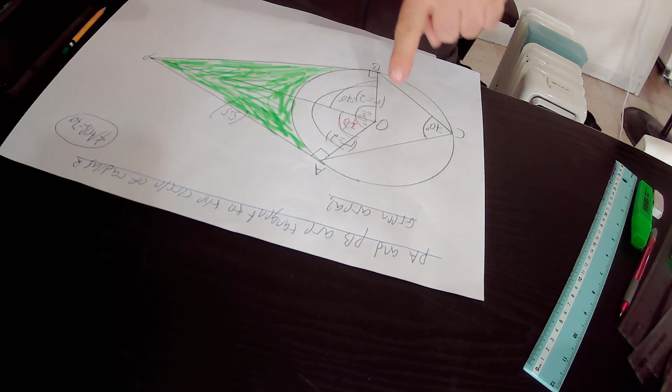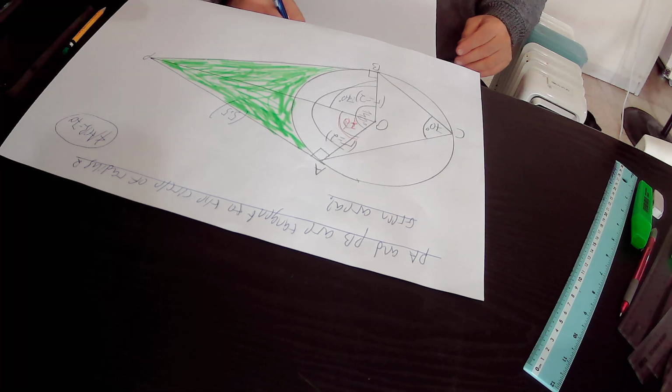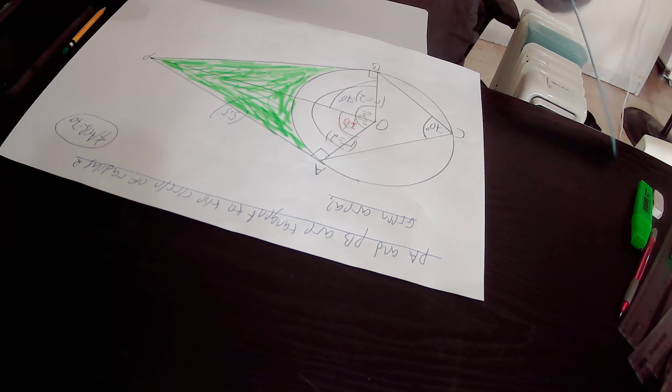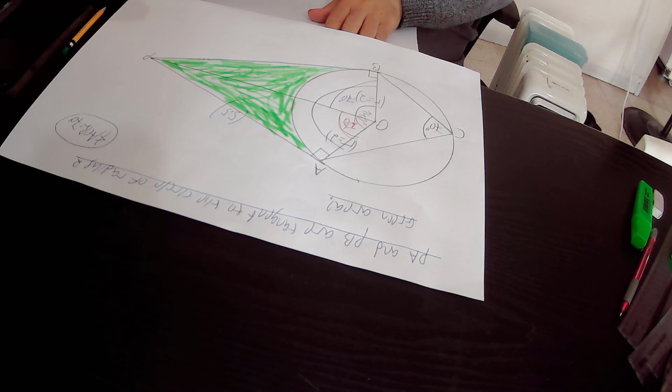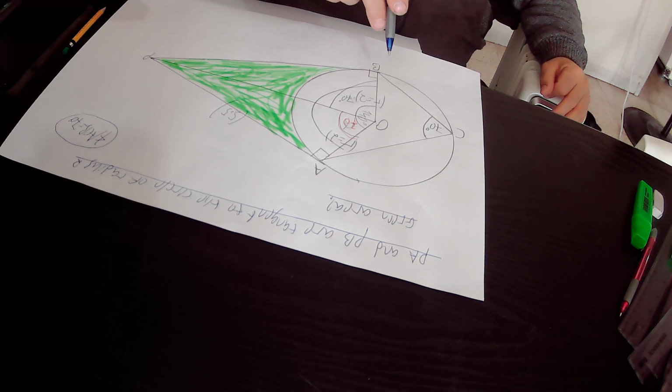So what is the area of this sector AOB? The area of this sector AOB is equal to the area of the circle that contains the sector.